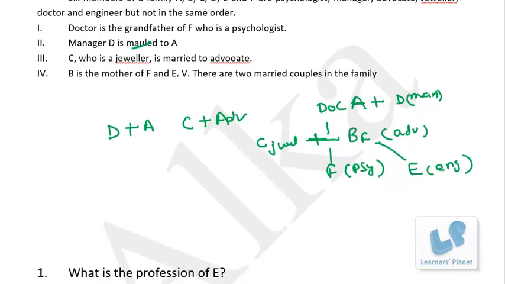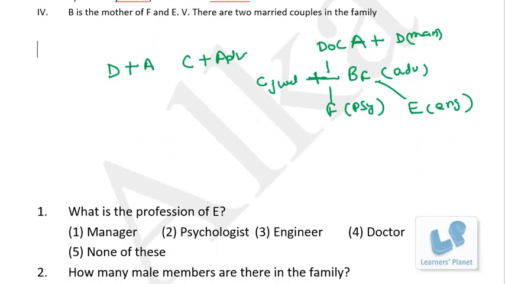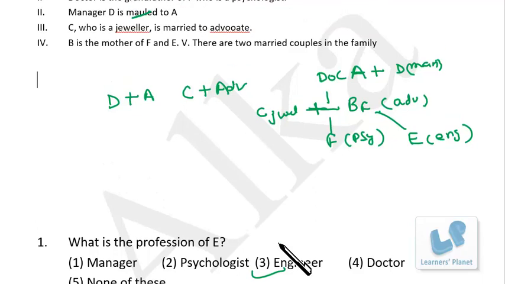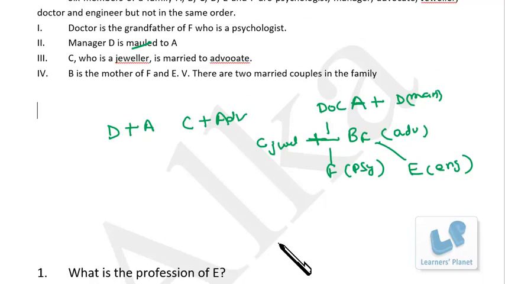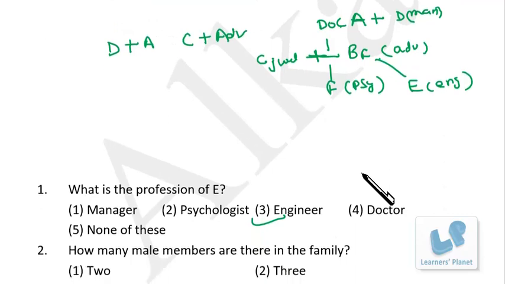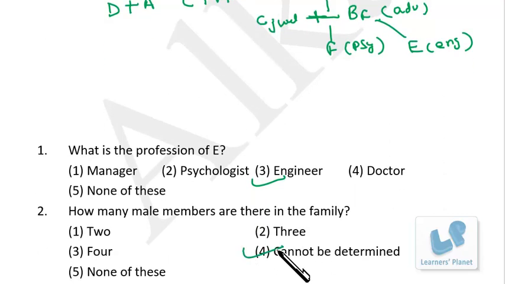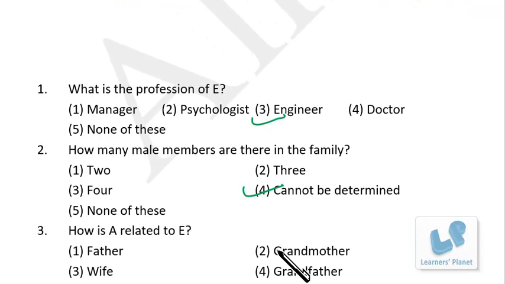So what is the profession of A? That is engineer. How many male members are there in the family? It's definitely male, one male over here, but as far as F and E are concerned, we don't know who is male, who is female, right? So we cannot say. How is A related to E? A is E's grandfather, right?